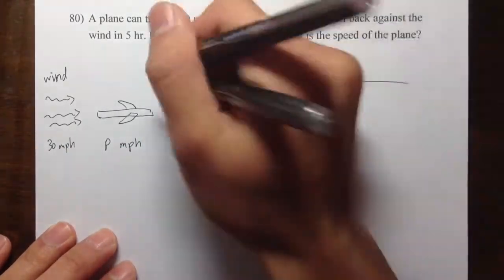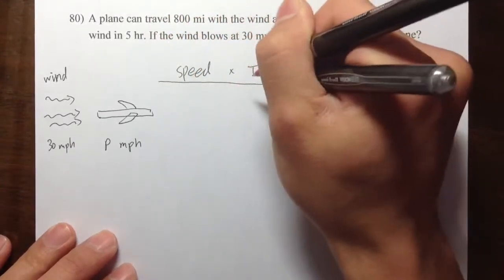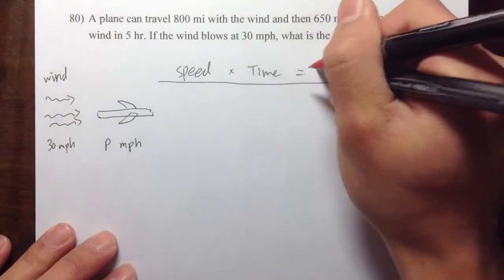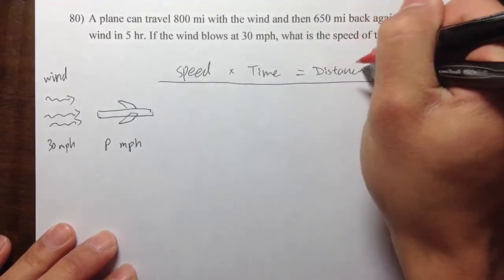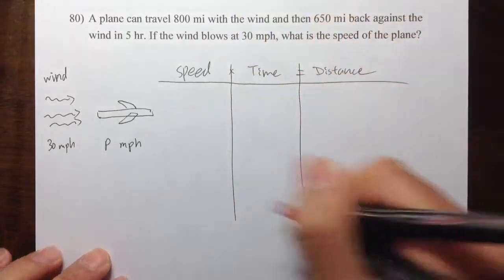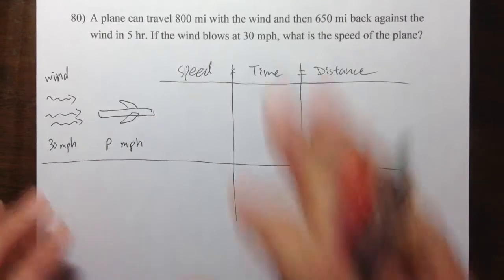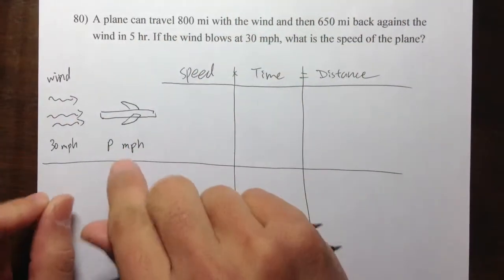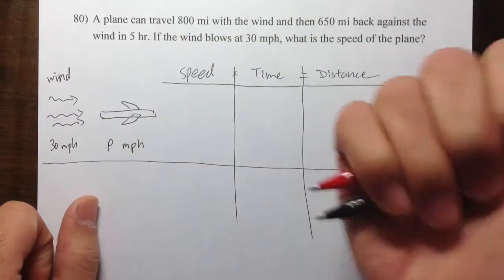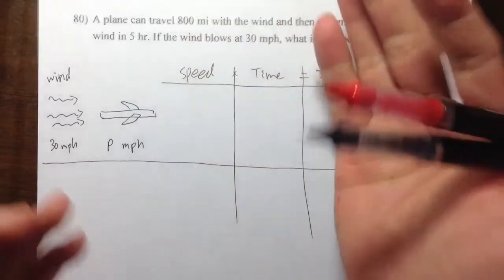So the rate, which is the speed, let me write it as speed times time is equal to distance. This is a typical speed times time is equal to distance question, and that's my first situation. When you have a plane going this way and the wind is pushing the plane from the back, they are going faster.